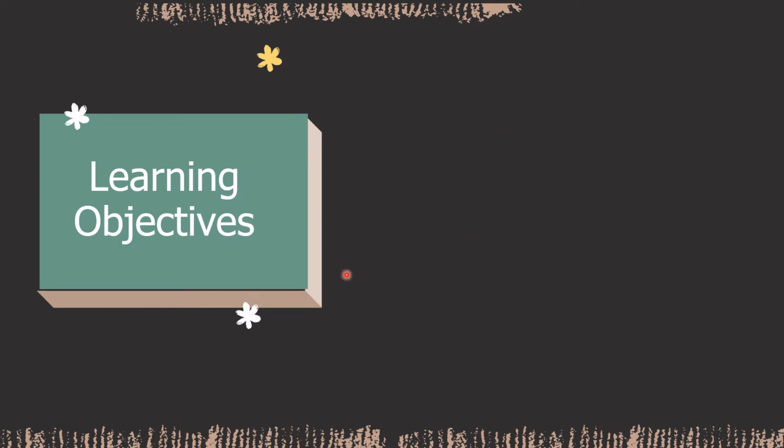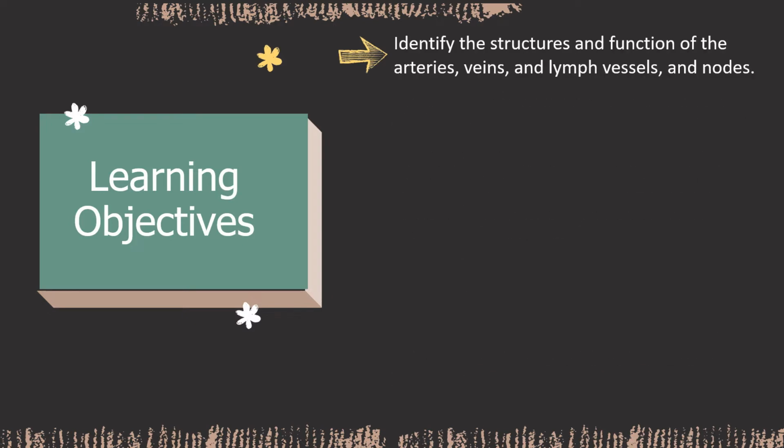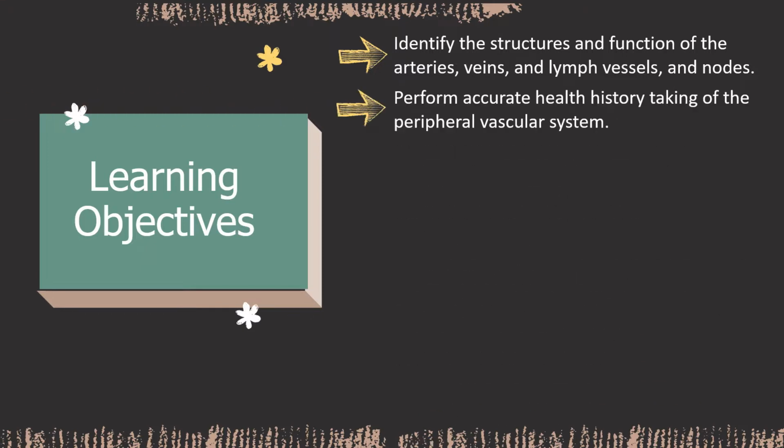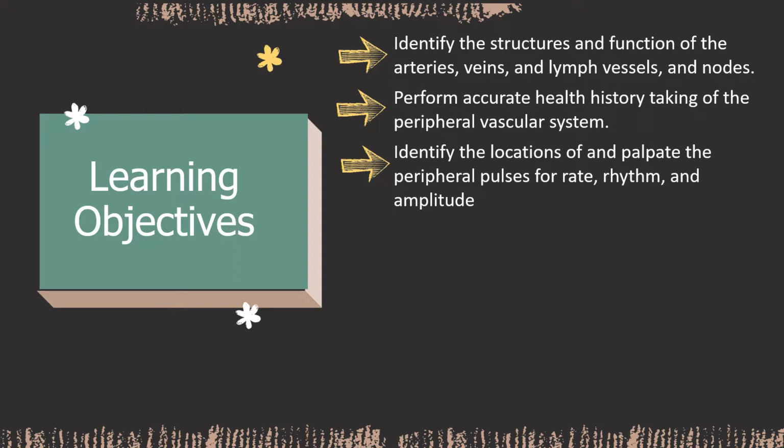So the following are the learning objectives of this presentation. At the end of this presentation, the student will be able to identify the structures and function of the arteries, veins, and lymph vessels and nodes. Perform accurate health history taking of the peripheral vascular system. Identify the locations and palpate the peripheral pulses for rate, rhythm, and amplitude.